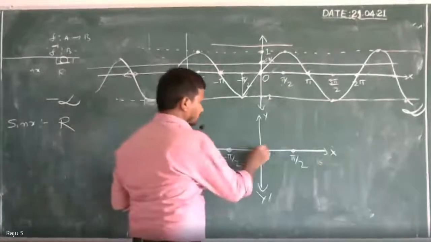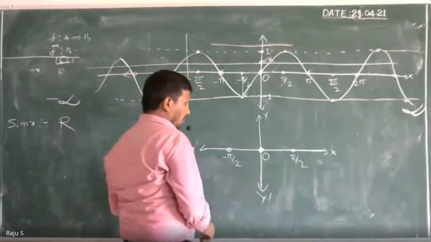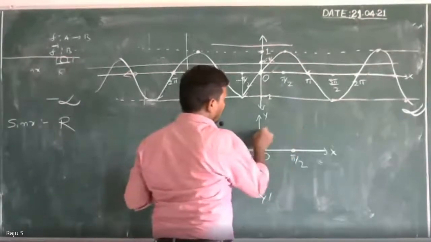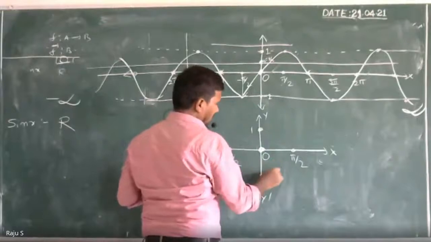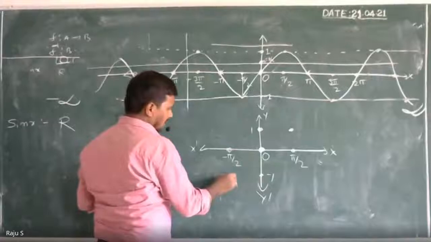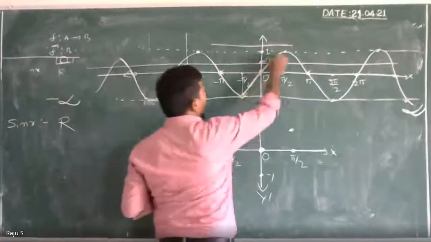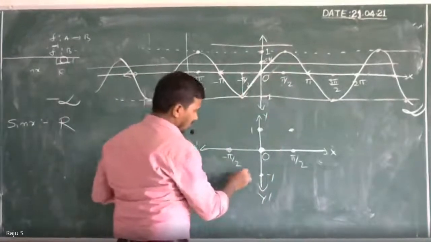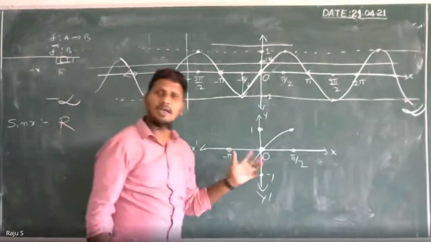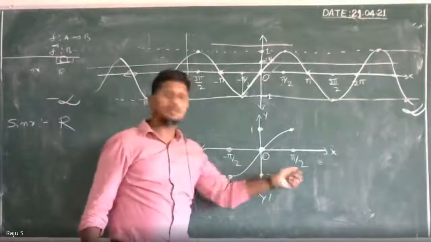Now what is sine 0? 0. Sine 90 is 1. Here 1, here minus 1. Sine minus 90 is minus 1. So this graph we will get. Yes, this is the graph of sin x from minus 90 to plus 90.